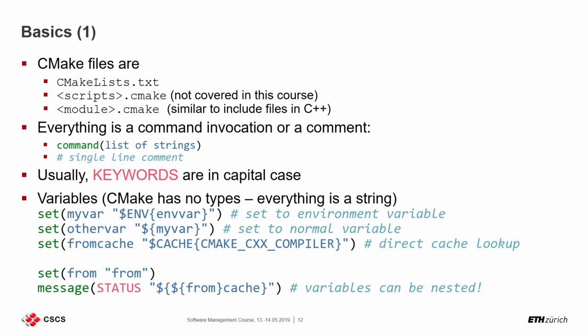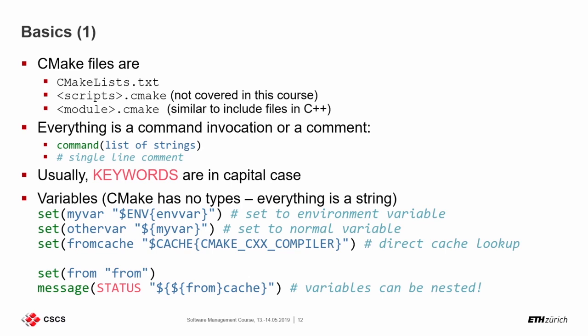Other things that you can do with variables: with the dollar sign, you're expanding the variable. It's a bit like bash. So for example, here I set the other var to the result of my var. This actually is defined here and set to an environment variable. And you can also reference cache variables. I come to that later.